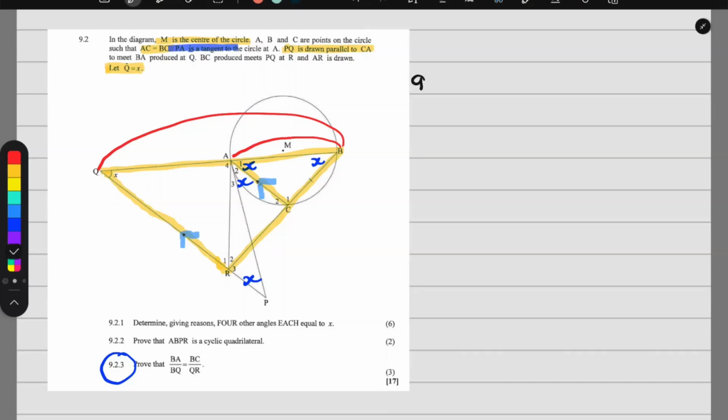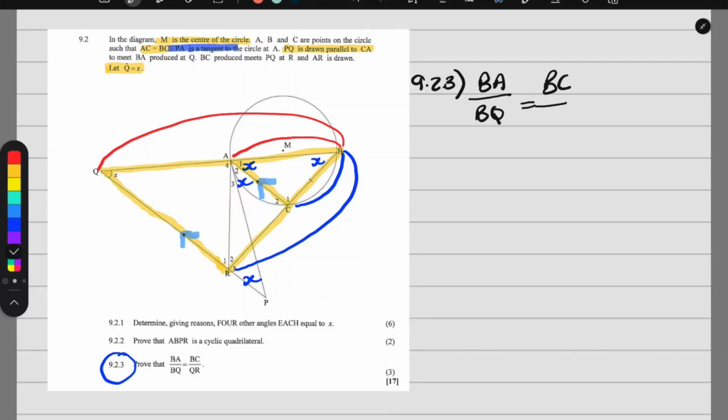So let's write down 9.2.3: BA over the whole BQ is exactly the same as this top one over this whole one. So it's exactly the same as BC over the whole thing, BR. The reason is prop theorem, and the lines that are parallel is PQ parallel to AC.